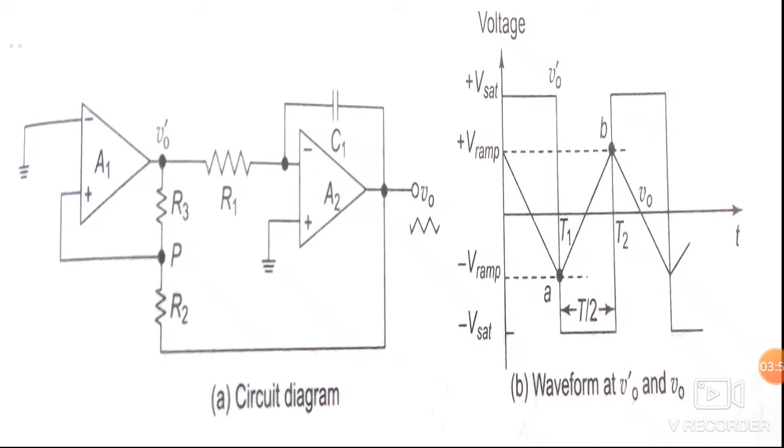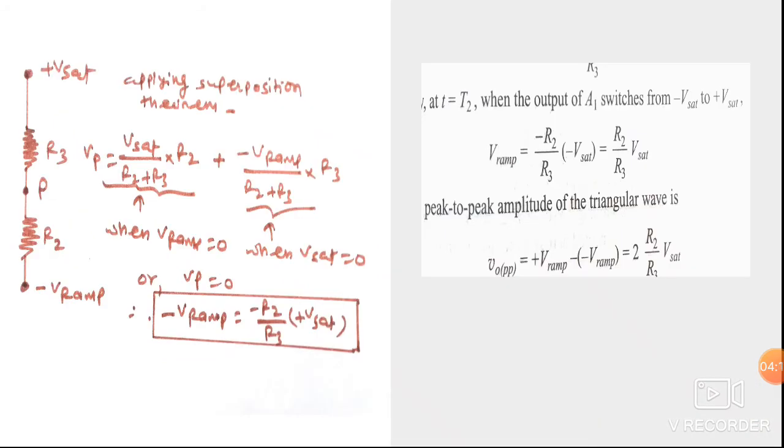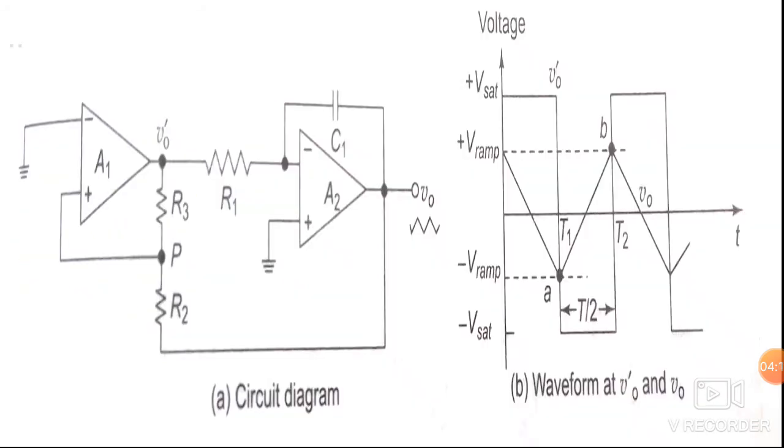Now this ramp is increasing in the negative direction, and it is fed back to operational amplifier A1 through this path. Let's say at some point A, shown here, this is the transition point.